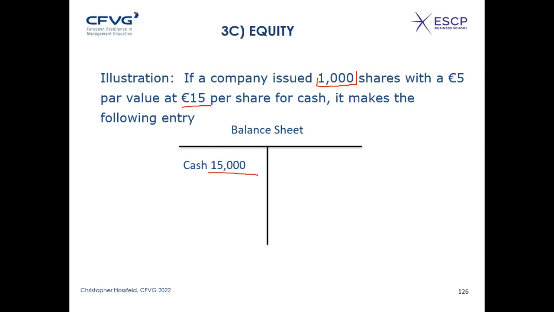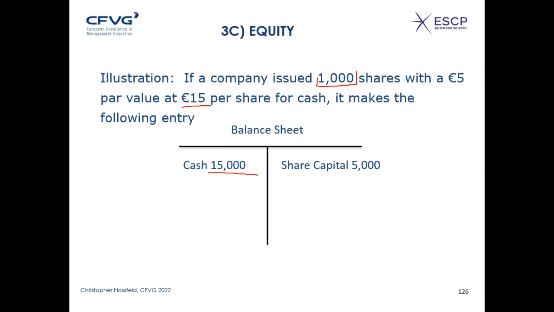But within the equity section of the balance sheet, we have different line items. And there's one line item called share capital. It can be called share capital, subscribed capital, issued capital, etc., different names. But usually it's the first line in the equity section.